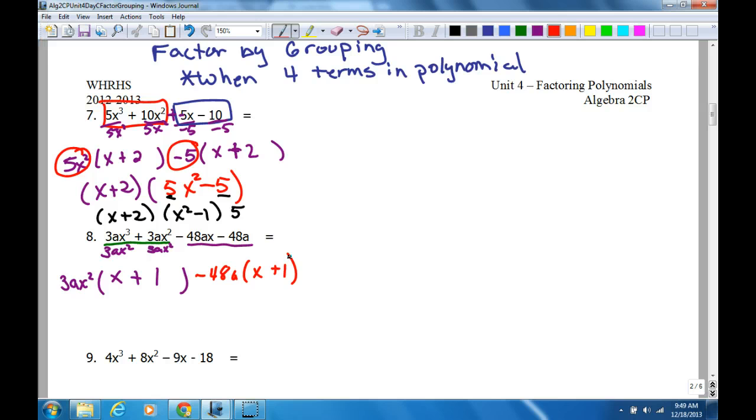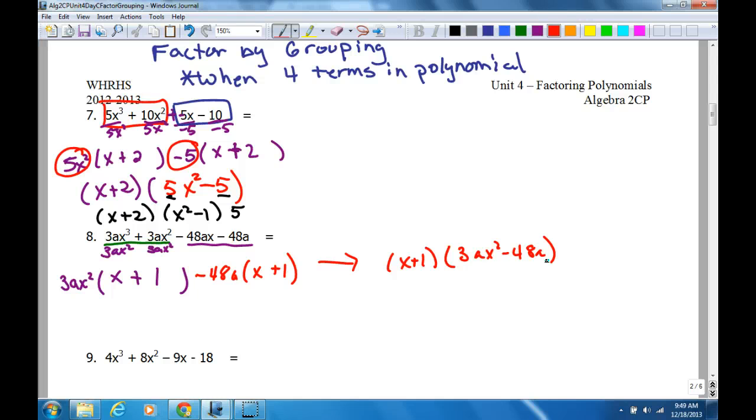Okay, so how can I write this now? It would be x plus 1 in parentheses, and then 3ax squared minus 48a. Good. That's right. Am I done? No.